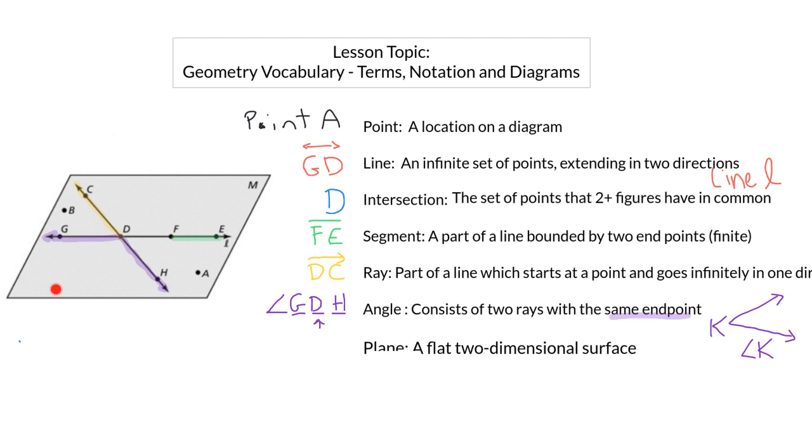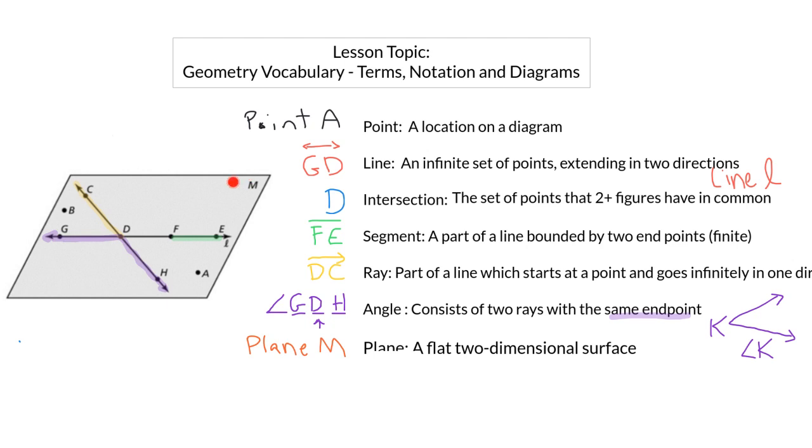Again, in this case, it's a parallelogram. Now, I mentioned this letter M earlier and how it's not a point. Since it's a capital letter in the corner of a plane, we can name this plane, plane M. Let me grab a different color quick. All right, so we can call this plane M.